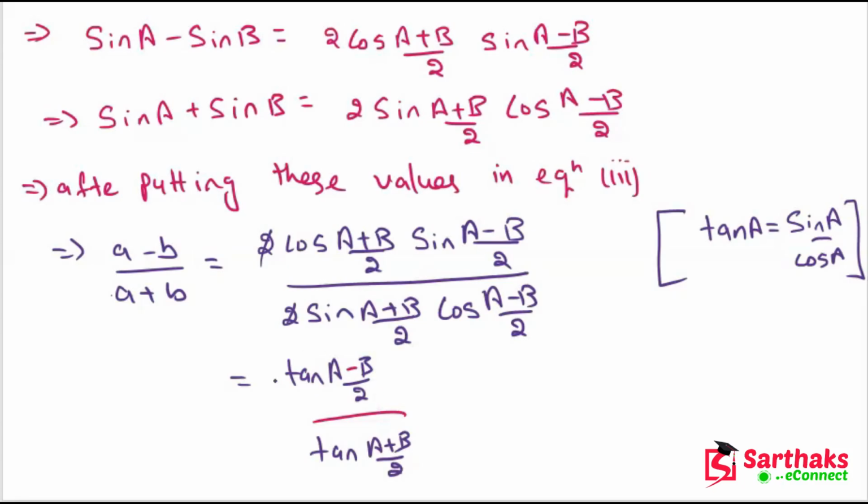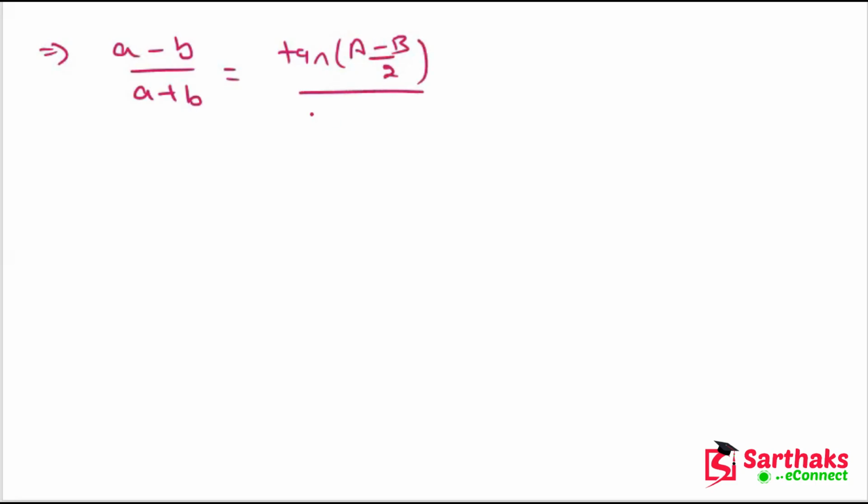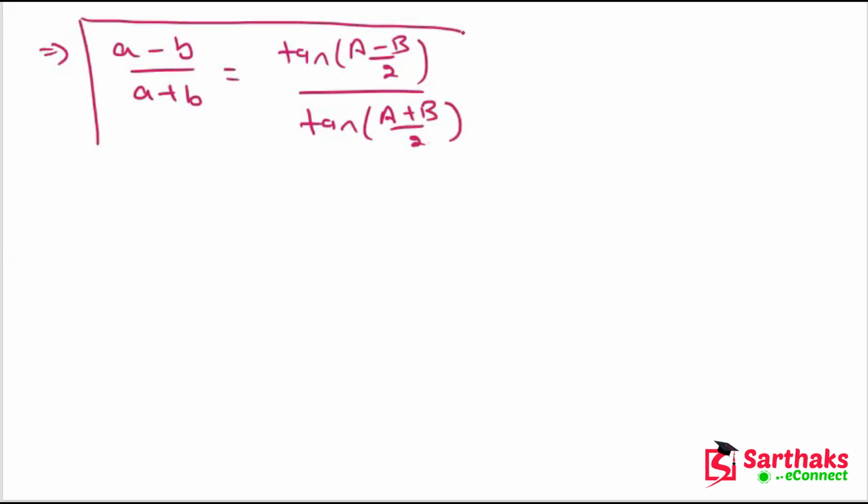Okay, so the final formula is (A minus B) upon (A plus B) is equal to tan((A minus B) upon 2) divided by tan((A plus B) upon 2). Okay, my dear friends, so this is our final formula and hence proof.